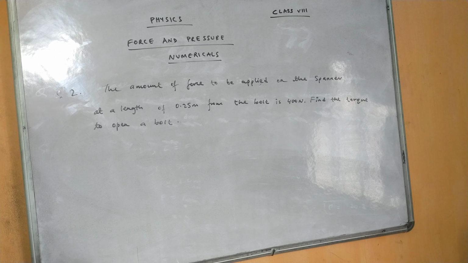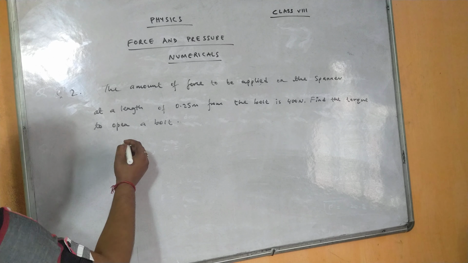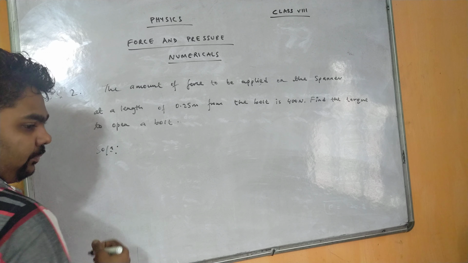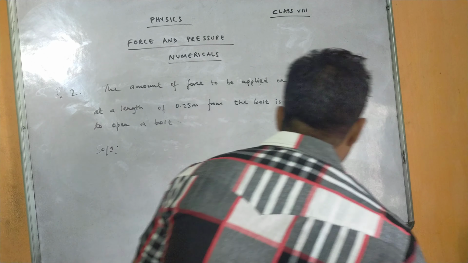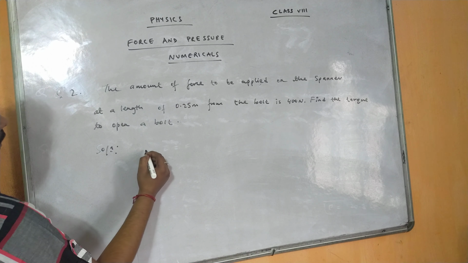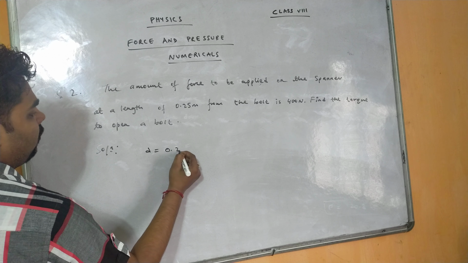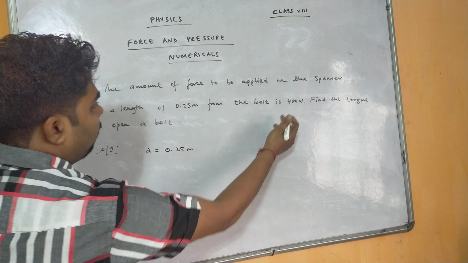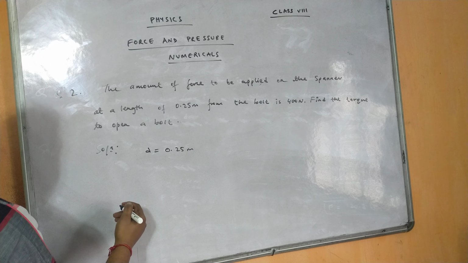Here in the question, what is given? That is the length of the spanner, so we will consider this to be D, that is 0.25 m, and 400 Newton is given.